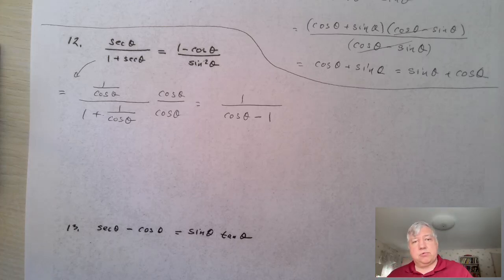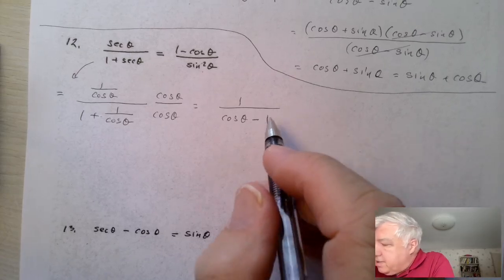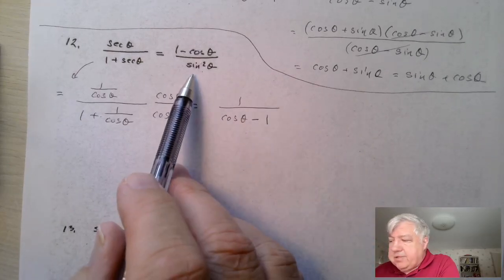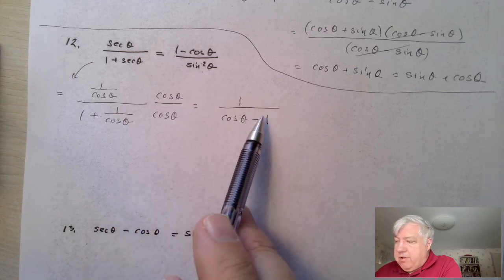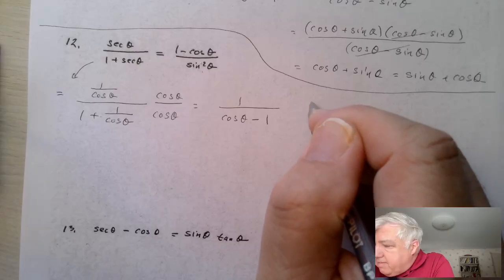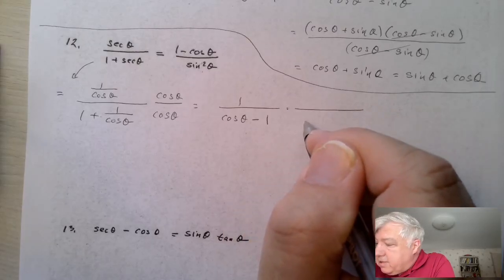Alright, so how do we get from here to here? Well, we can do another little trick. Sine squared is the same thing as 1 minus cosine squared. We don't have that here, but we can get a 1 minus cosine squared by multiplying and dividing.